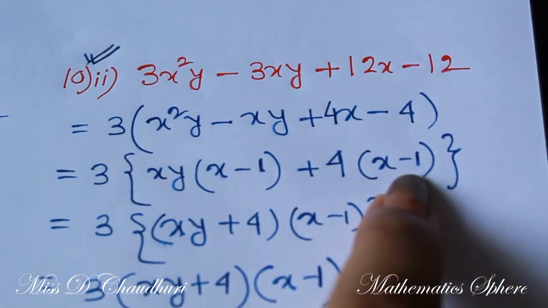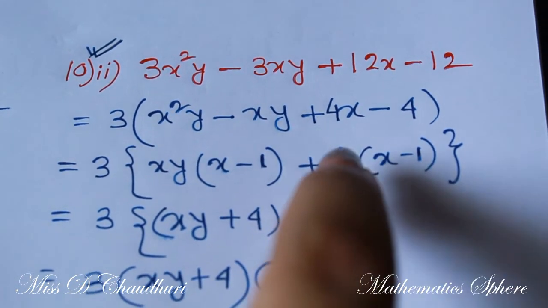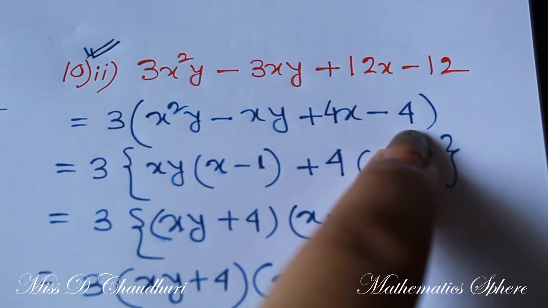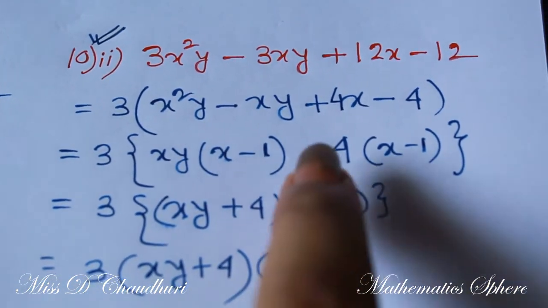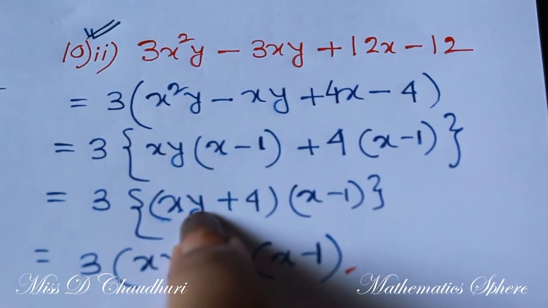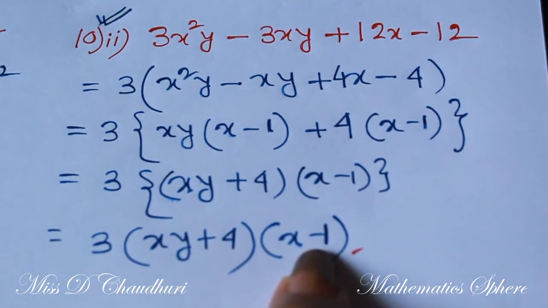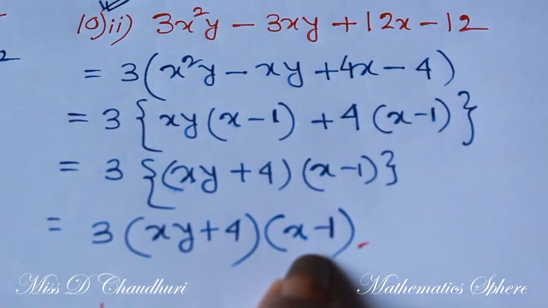Again when you put x minus 1 here, to adjust you see that plus 4 is to be given, so plus 4 and minus 1, you will get this term automatically. So x minus 1 is one factor, xy plus 4 is one factor, and 3 was already there in common. So the 3 factors of this polynomial are 3, xy plus 4 and x minus 1.